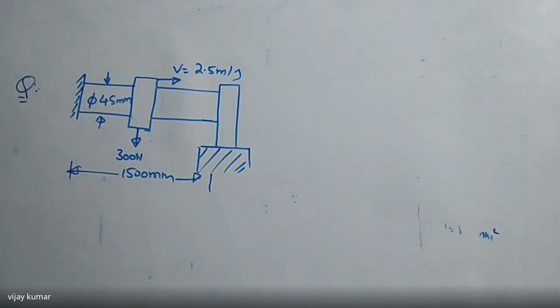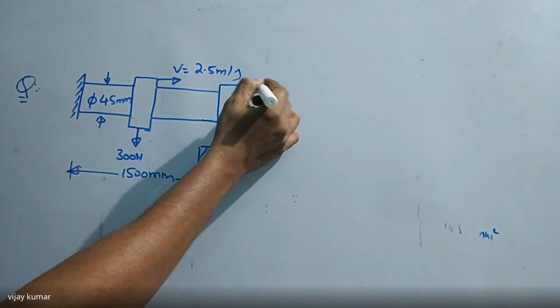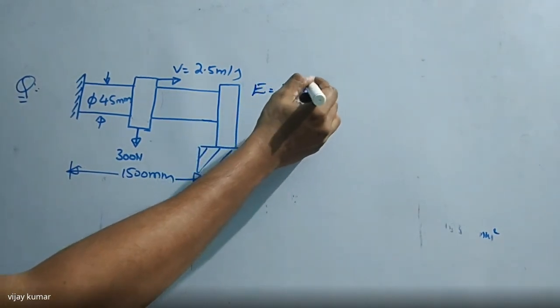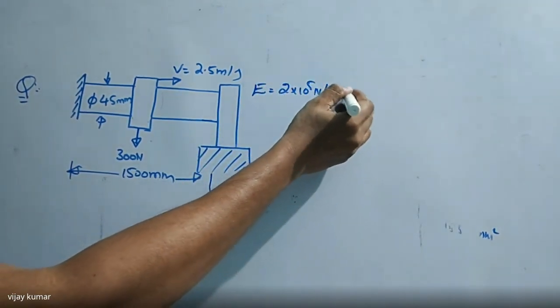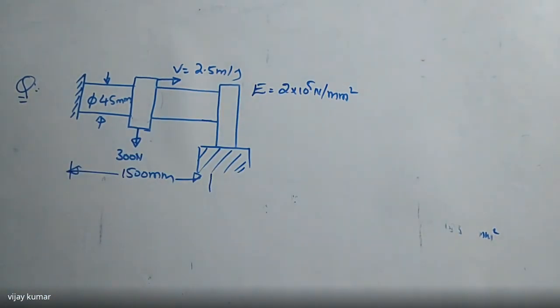If the block is moving with a velocity of 2.5 meters per second and goes to impact the rigid collar, find the stress induced in the bar. Take E is equal to 2 into 10 power of 5 Newton per mm square. Did you get the point or not?